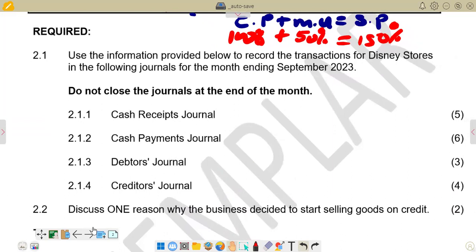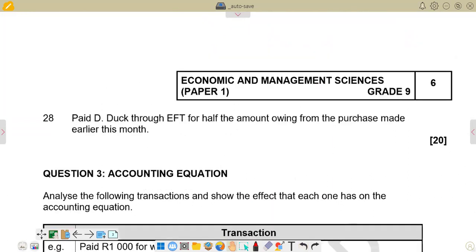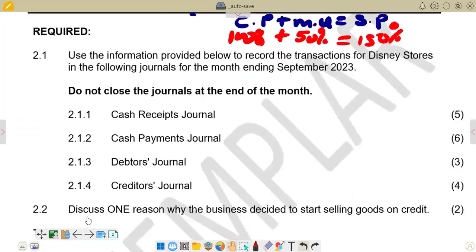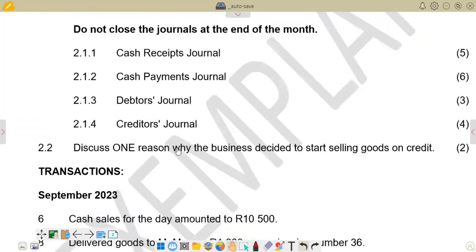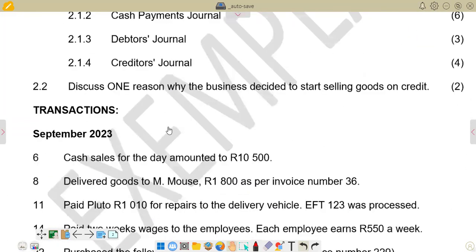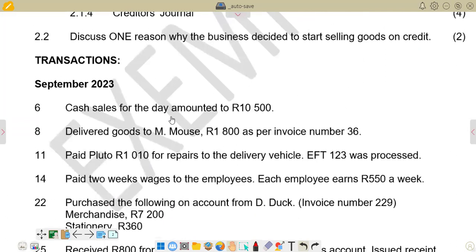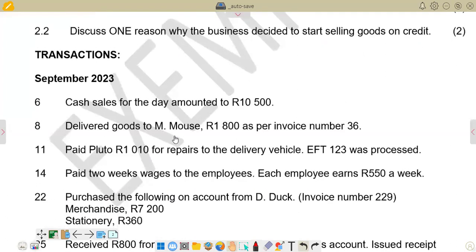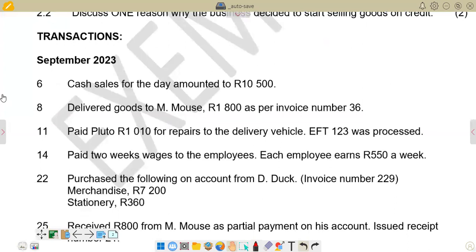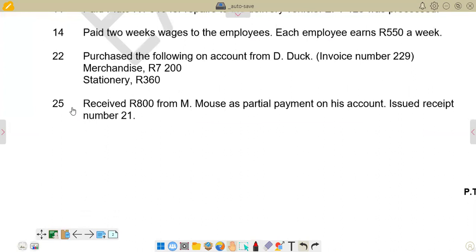If you go to the next page and go down, you see that we also have information that follows from the information given at the beginning of the question. Let's see what we have. We have our given transactions for September 2023, ranging from September 6 down to September 25.